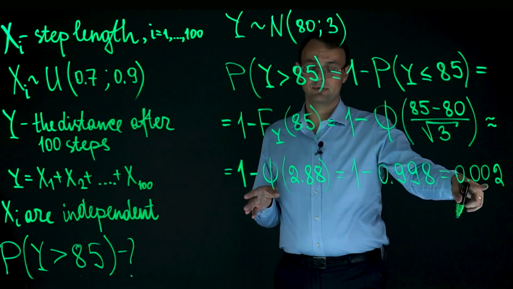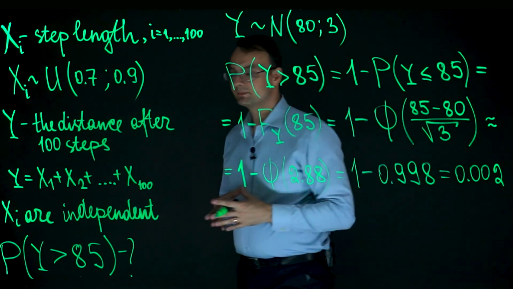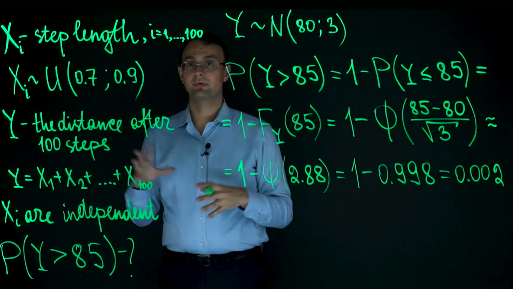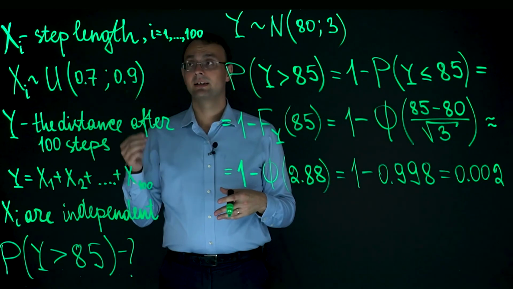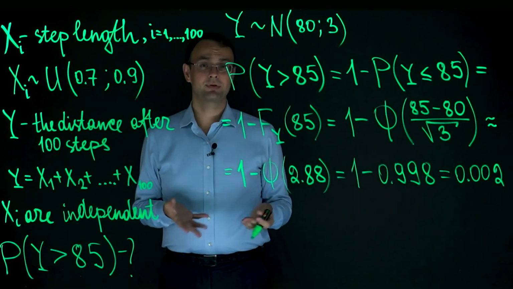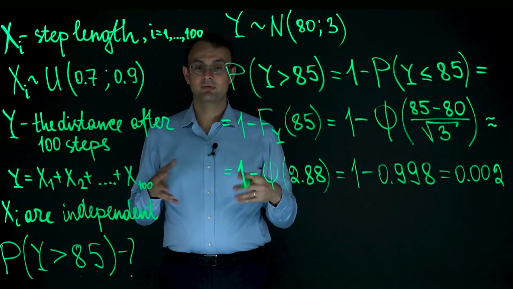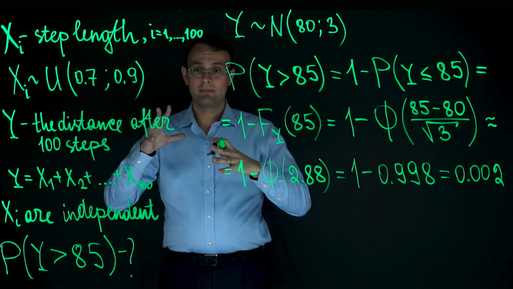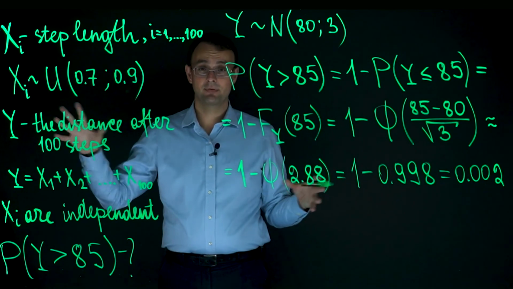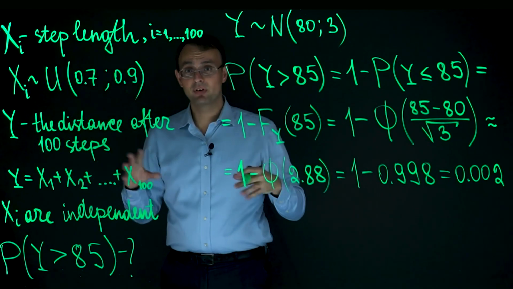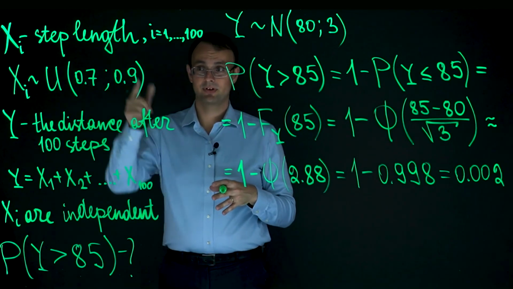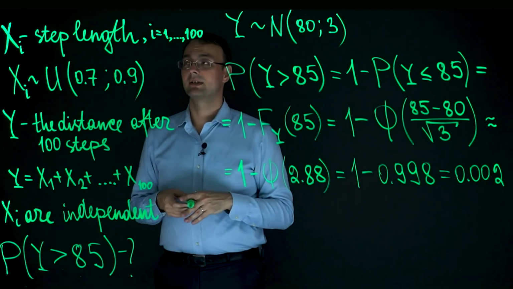It's very close to 0. So if we assume the uniform distribution for the step length, such a situation, with so many steps being more than average, is almost impossible.